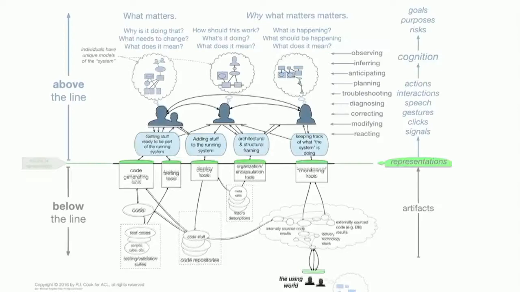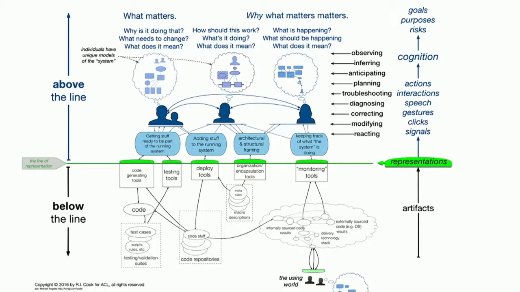If we play with this a little more, we end up with this kind of model. It has a line of representation going through the middle, and you interact with the world below the line via a set of representations. Your interactions are never with the things themselves. You don't actually change the systems. You interact with a representation, which tells you something about what's going on below.